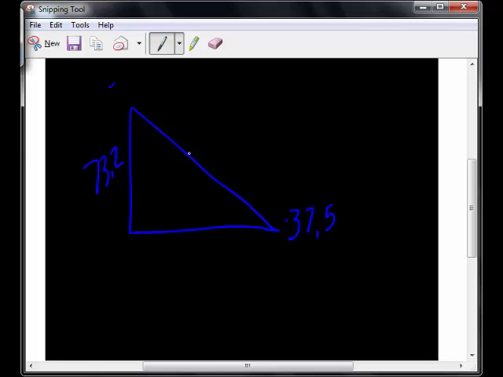So A is 52.5, and we're looking for C and A. So sine 37.5 is 73.2 over C.